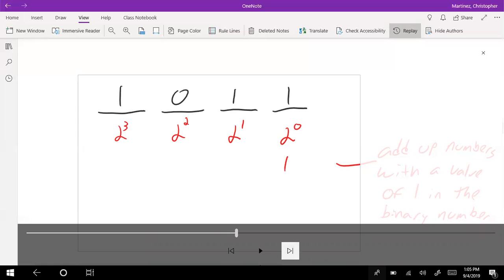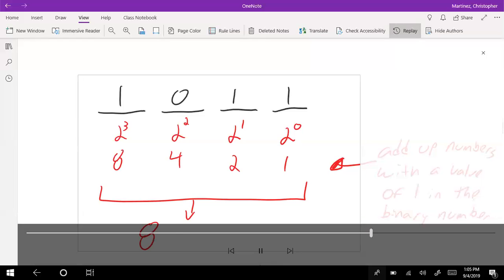Well, we know the weight is going to be 1, 2, 4, and 8. So what are we going to do with this 8, 4, 2, and 1? Well, any place where we have a digit of a 1, we're going to take that weight and we're going to add it up together.